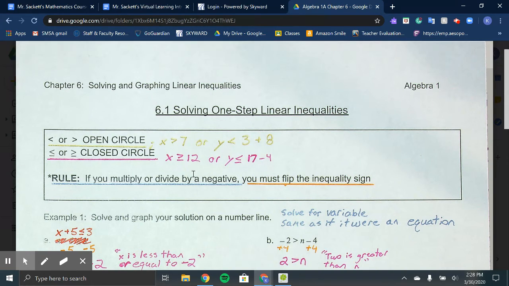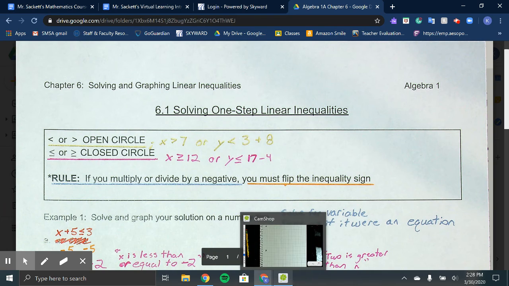But I do want to go over a quick refresher on how we solve inequalities, or just equations with variables, in one or more steps.